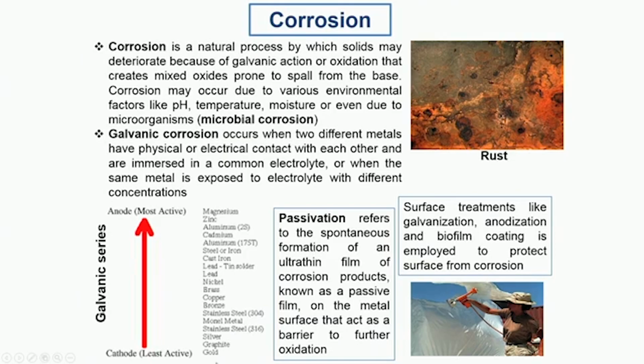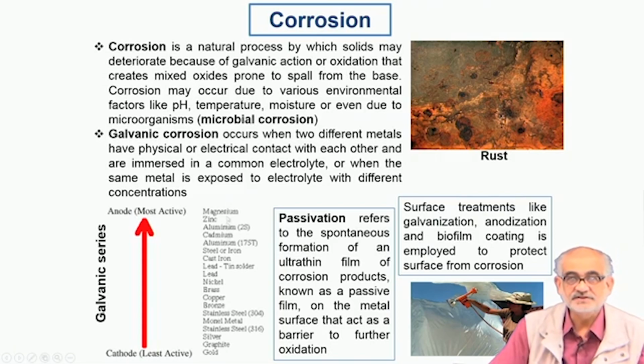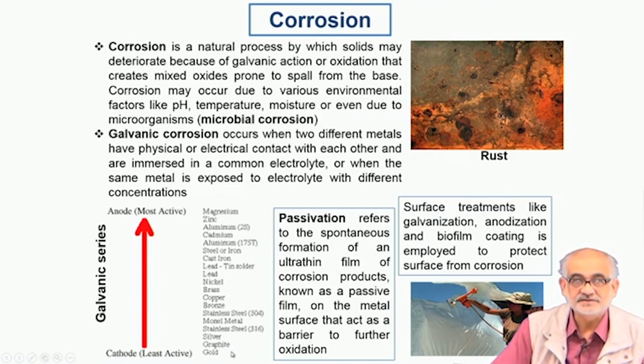And so in this series, they are arranged in terms of their electrochemical potential, and it clearly shows that the metals which are high up in this series are much more reactive, and that's why they are called anodic, whereas the ones at the bottom of the series are cathodic.